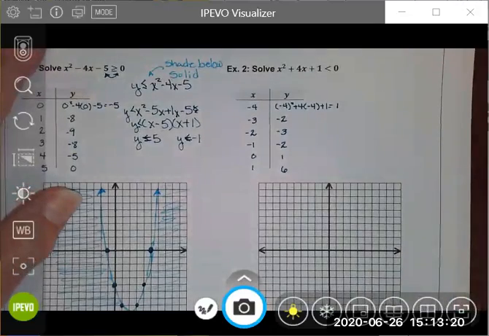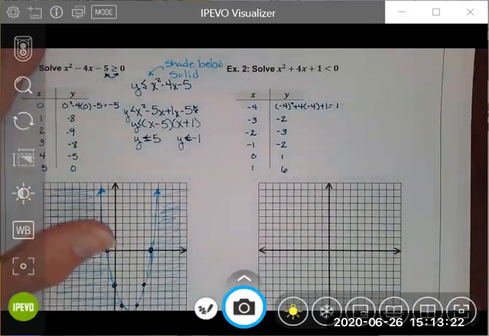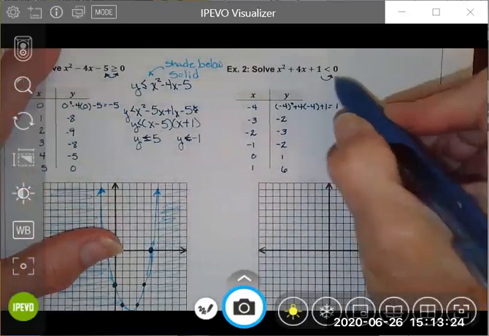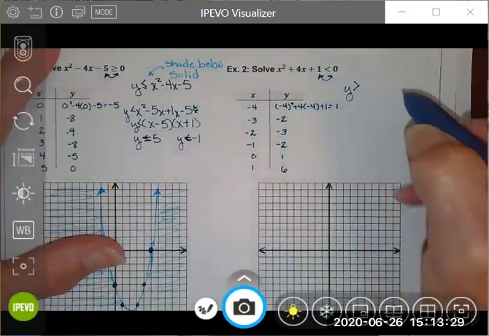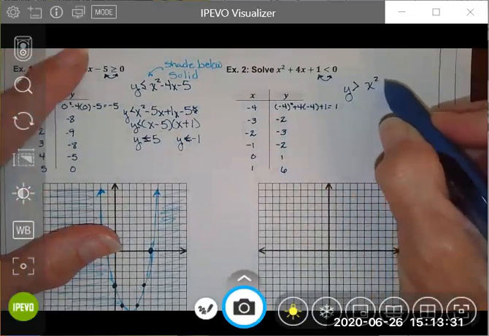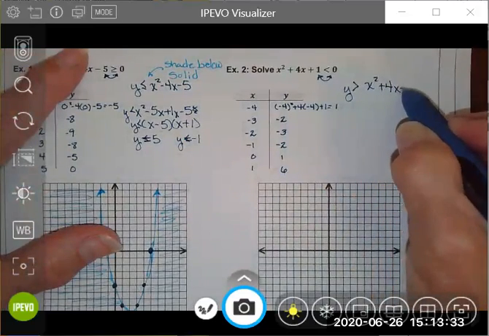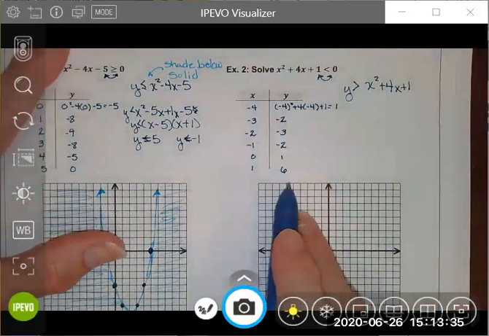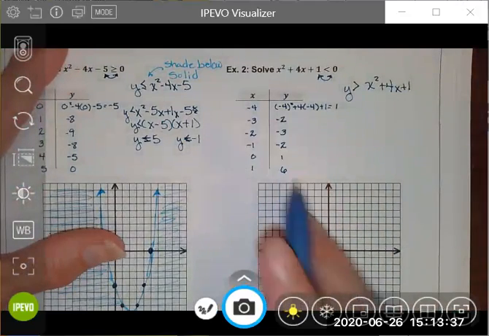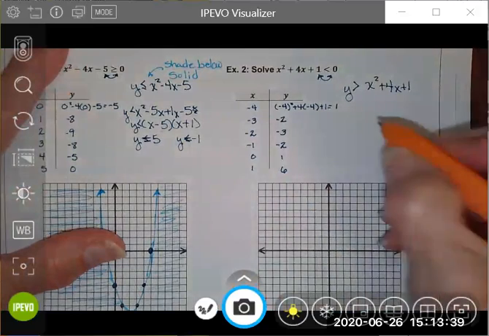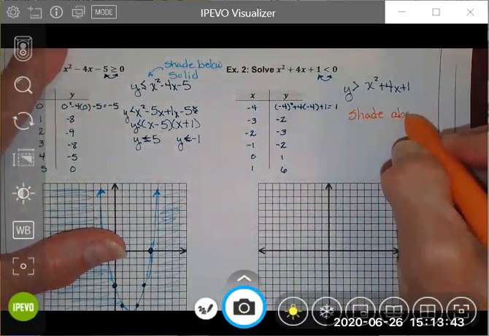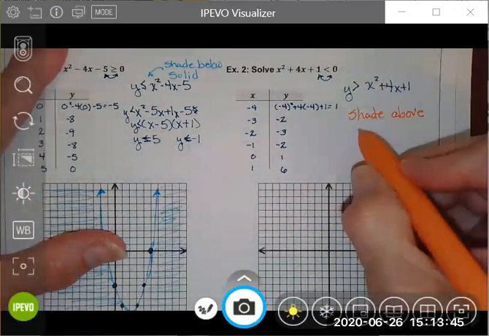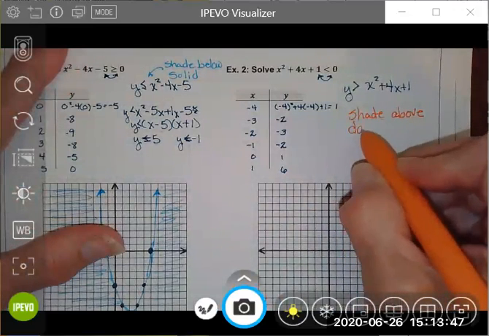Looking at this one, we've done the same thing. The first thing I would do is write this using a y value. y is greater than x squared plus 4x plus 1. And I went ahead again and made our table. I can tell by looking at this that I'm going to shade above, and I'm going to use a dashed line.